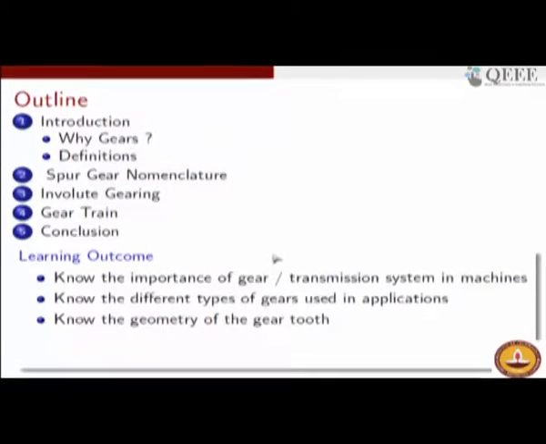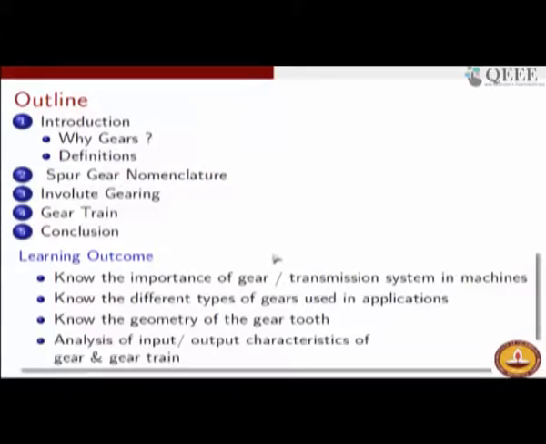So, we are going to have a lot of elaborate discussion as to why that geometry is required in the first place, and what it is about gear tooth geometries which really is important, even from the application perspective as well as from the manufacturing perspective. At the end of the course, hopefully you should be aware of what gear tooth geometry is typically used in application, and what is the need for such geometry on the gear tooth.